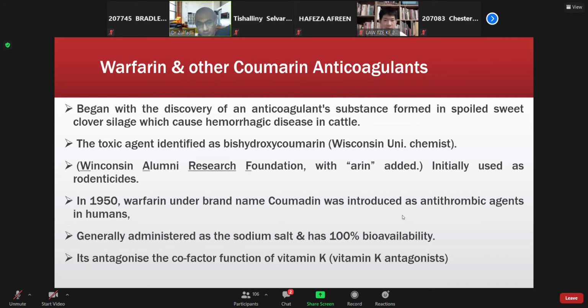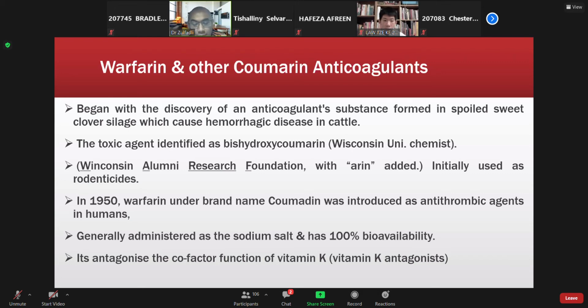Okay. Generally administered as a sodium salt and has 100% bioavailability. So as you can see, it has 100% bioavailability. So can you imagine the side effects? This warfarin is an antagonist of the cofactor function of vitamin K. So it is a vitamin K antagonist.